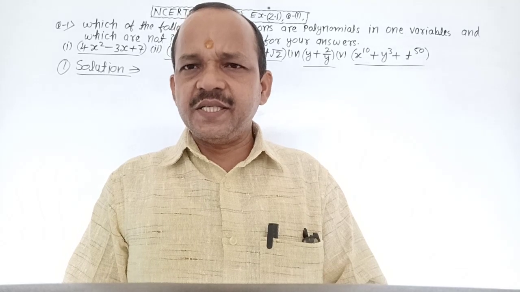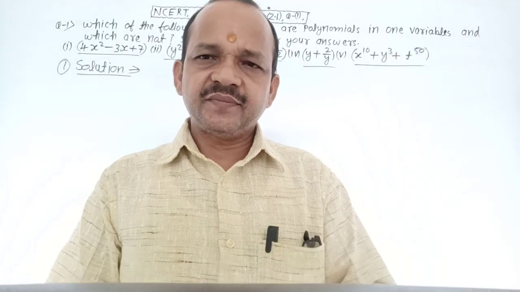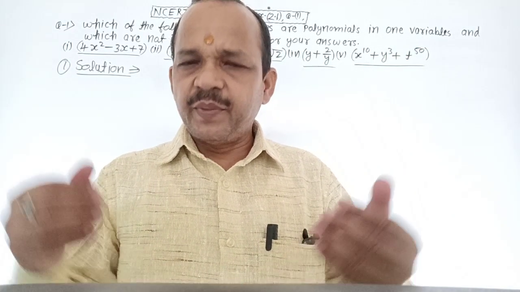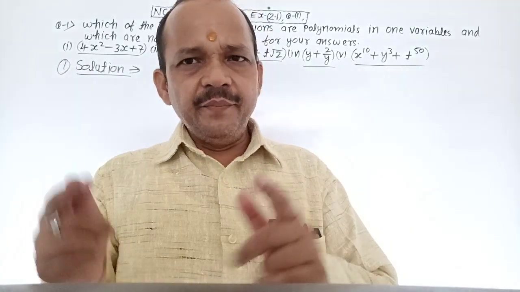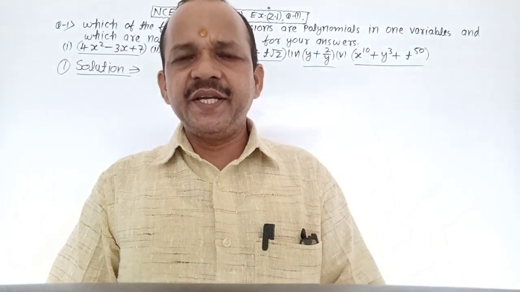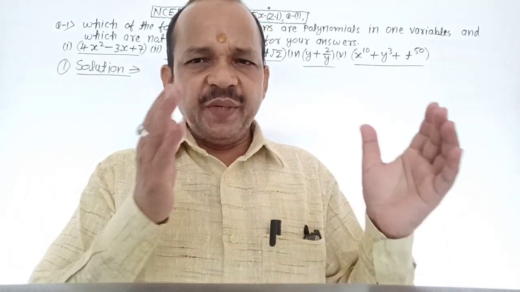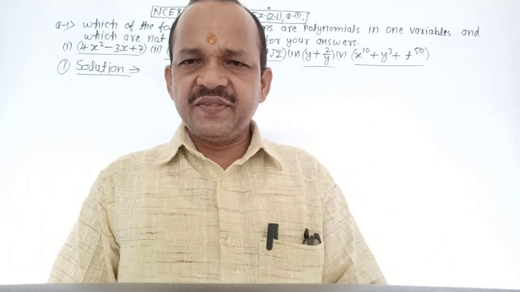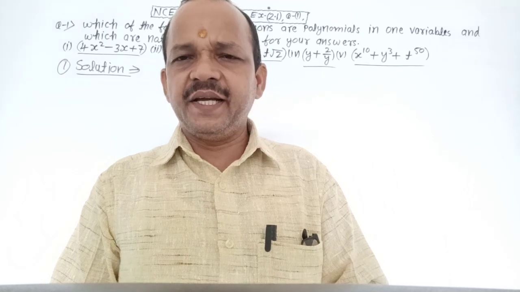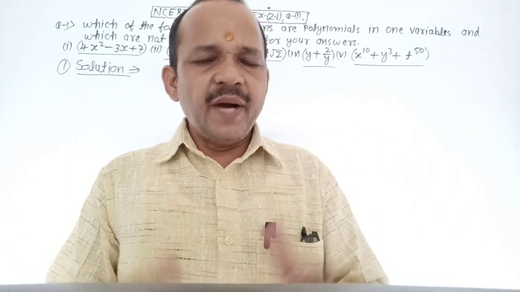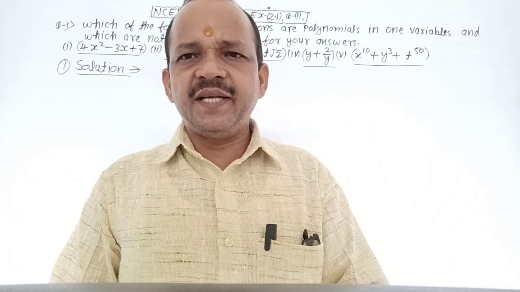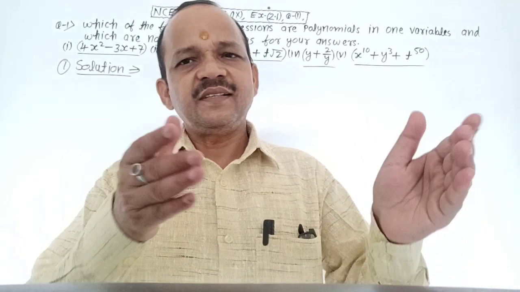Alphabets x, y, z, a, b, c and so on are variables. The number in front of each variable is called its coefficient. The parts separated by the plus or minus operation are called its terms. The maximum power of the variable is called its degree.